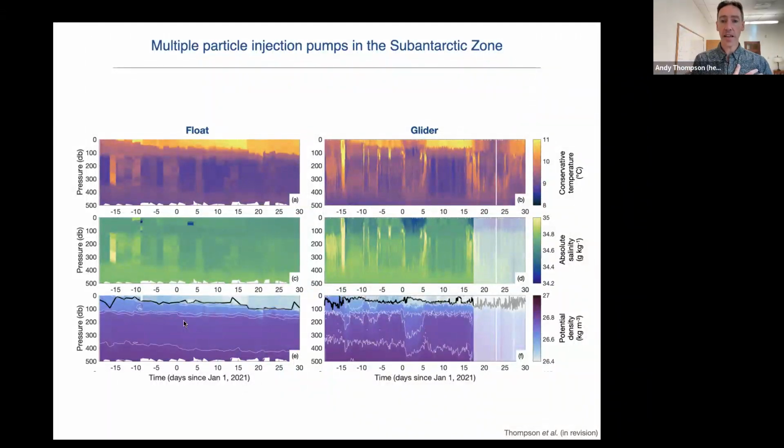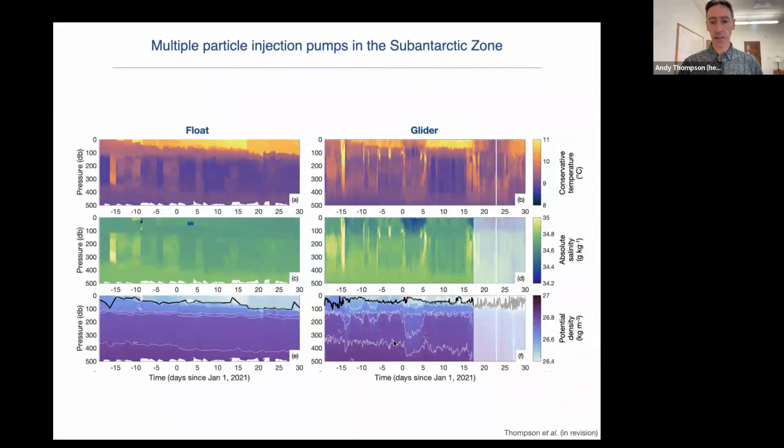You can contrast that on the right with what was seen by the glider, where you see lots of compensated temperature and salinity variations in the interior. You can see the signature of these mesoscale eddies through variations in the surface temperature properties. But again, you can see these very fine scale filaments that not only are at the surface, but penetrate relatively deep into the interior as well.